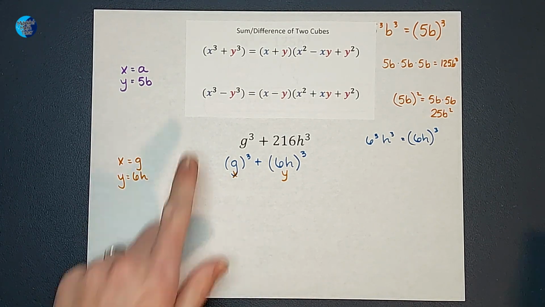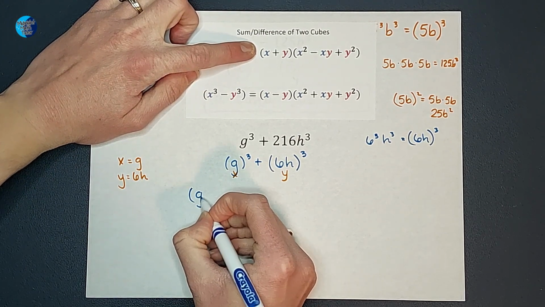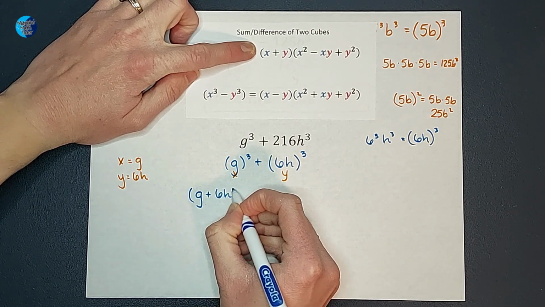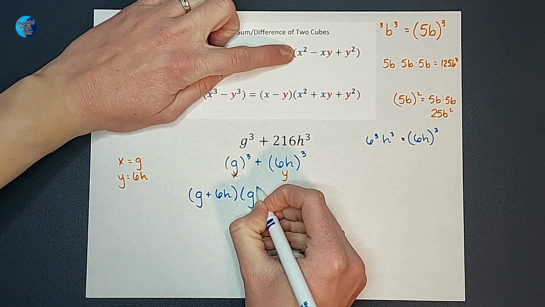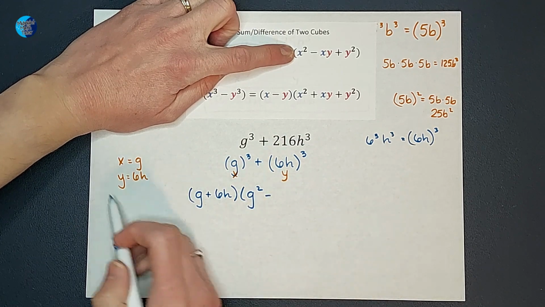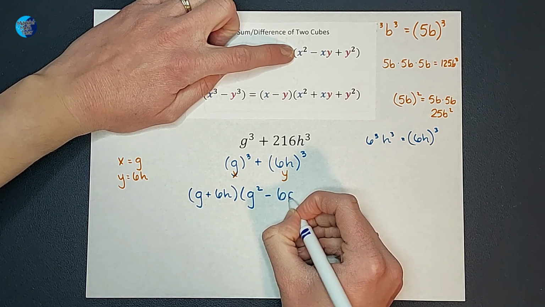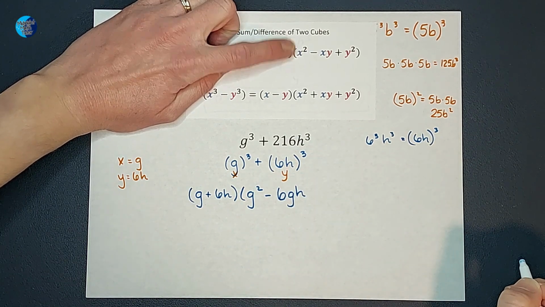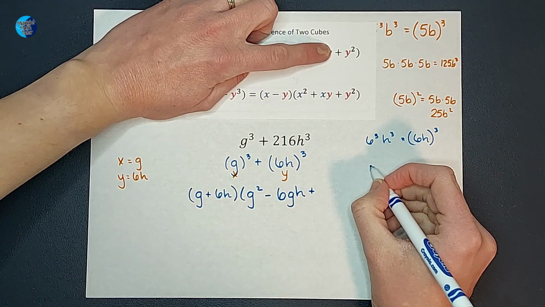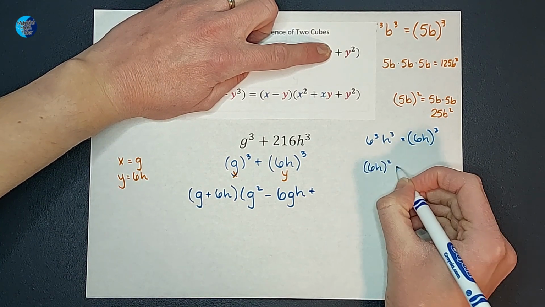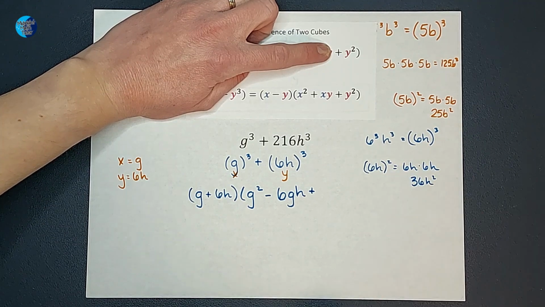All right, so x plus y, or in this case, g plus 6h, times x squared, so g squared, minus x times y, so g times 6h, and I'm going to write it as 6gh, all right, plus y squared, so plus 6h squared would be like this, which is the same as 6h times 6h, which would give me 36h squared.